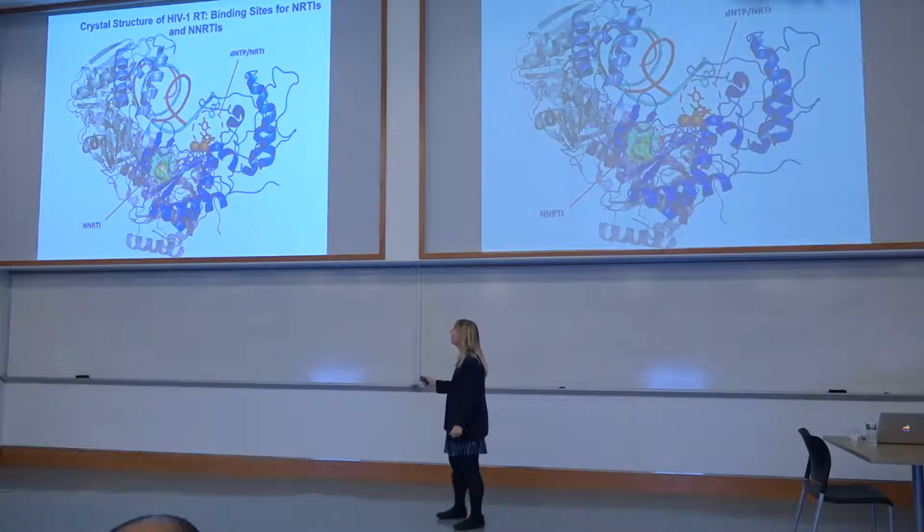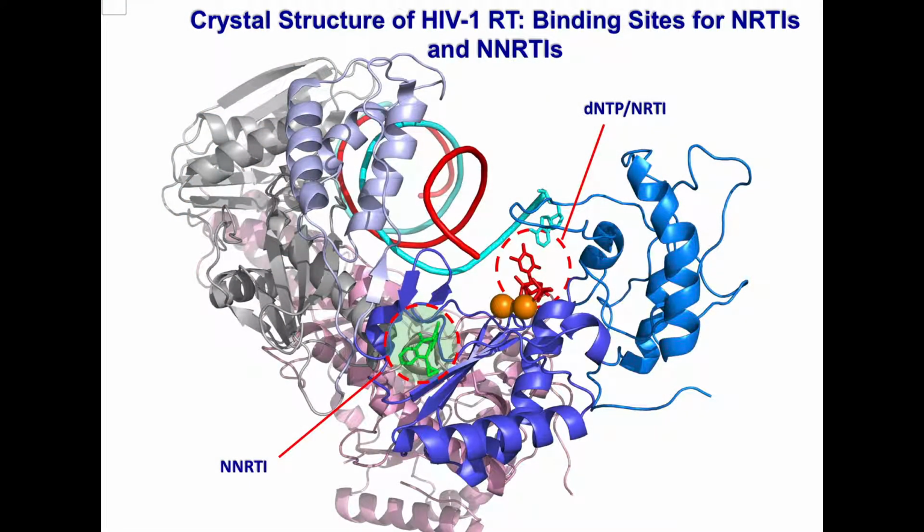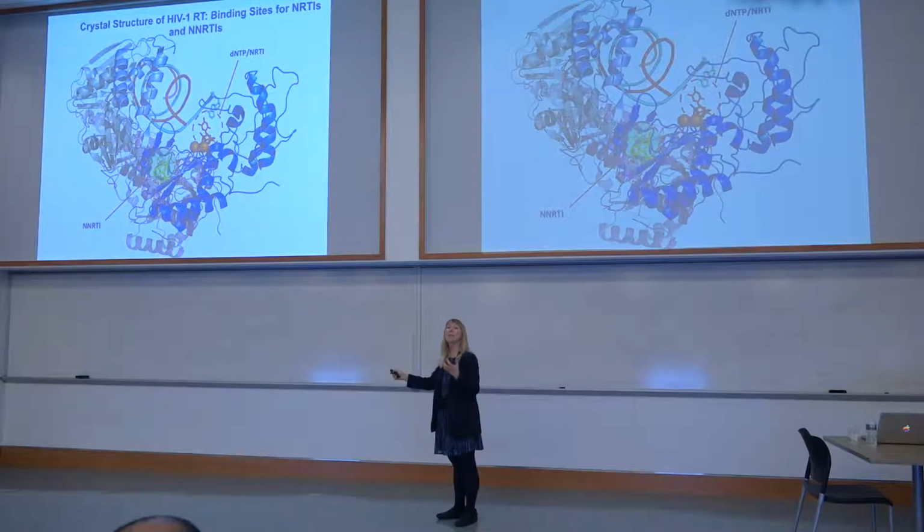That allosteric pocket was where the allosteric inhibitor was in the first crystal structure that Tom Steitz solved. That pocket is interestingly about 10 angstroms away from the active site. So the nucleoside drugs would bind and compete with the endogenous dNTP, whereas the allosteric site is the site for the NNRTIs, and that modulates catalysis about 10 angstroms away.